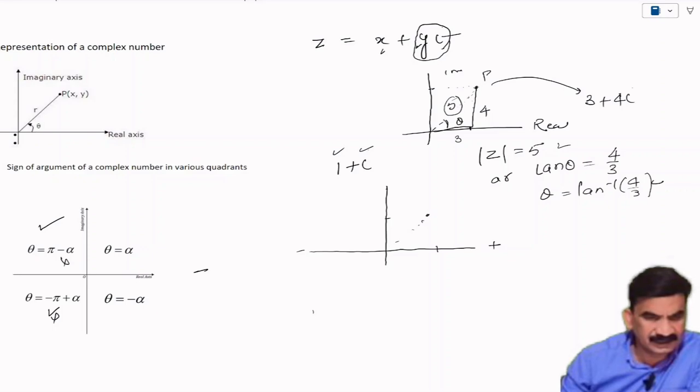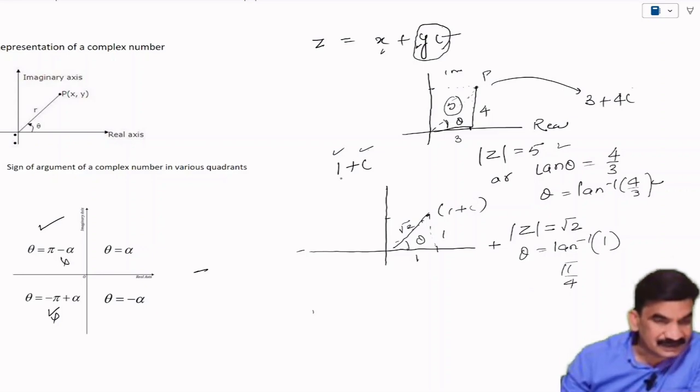And i, again, the same stuff. This is 1, this is 1. Now, this will be root 2. Remember, this number is 1 plus i, and this angle is theta. So the modulus is root 2, and theta is equal to tan inverse 1, which is pi by 4, not an issue.